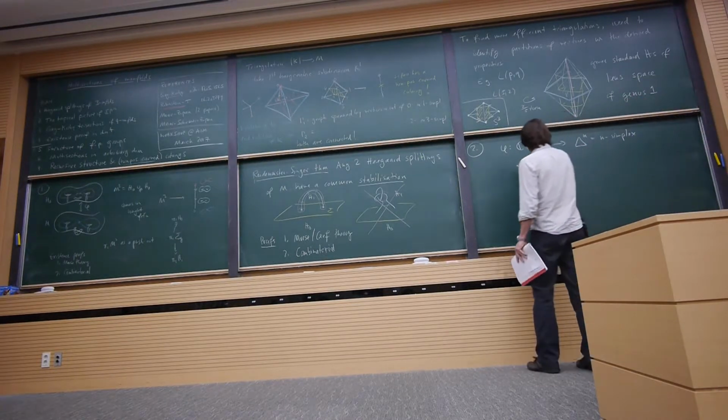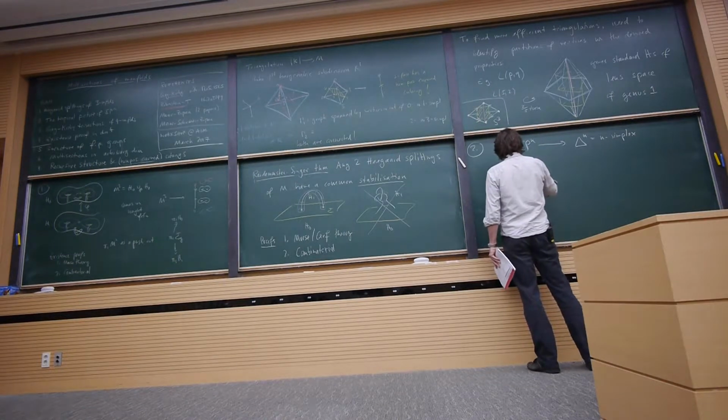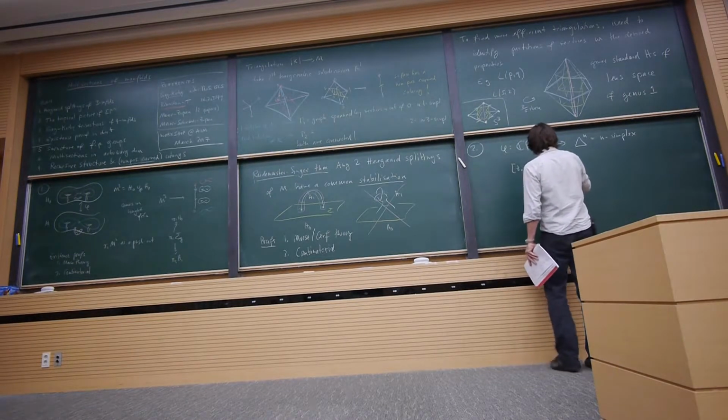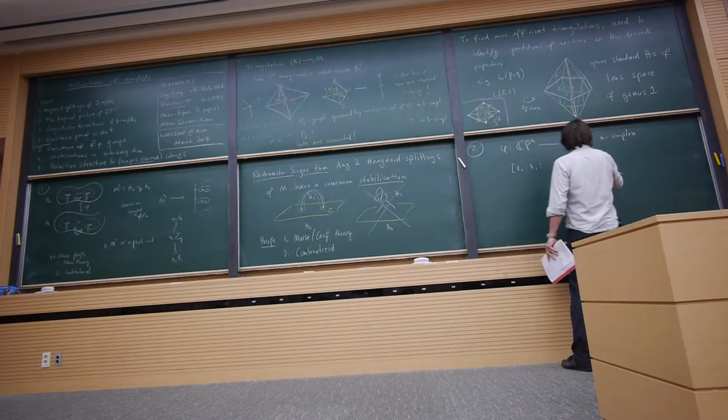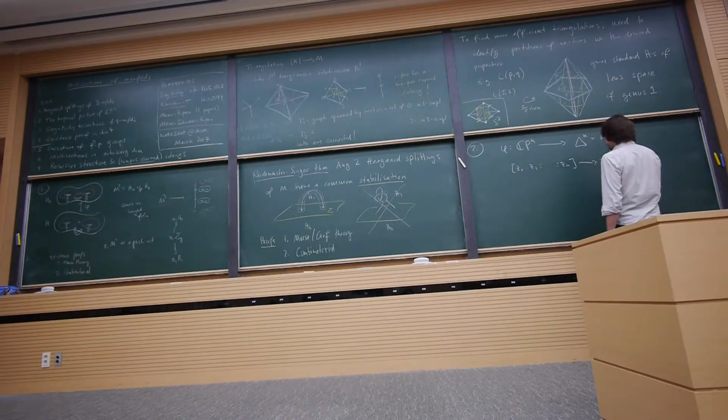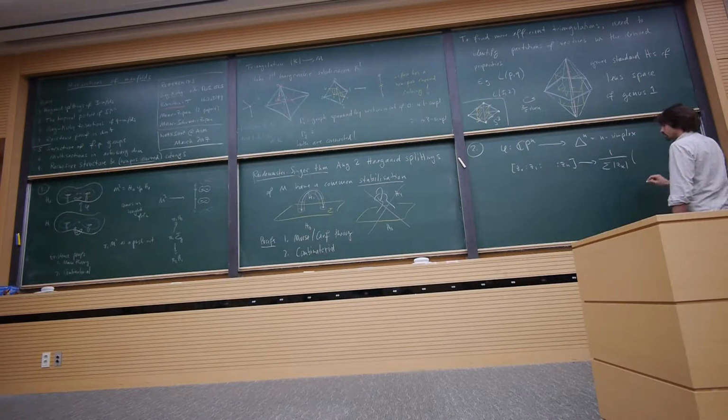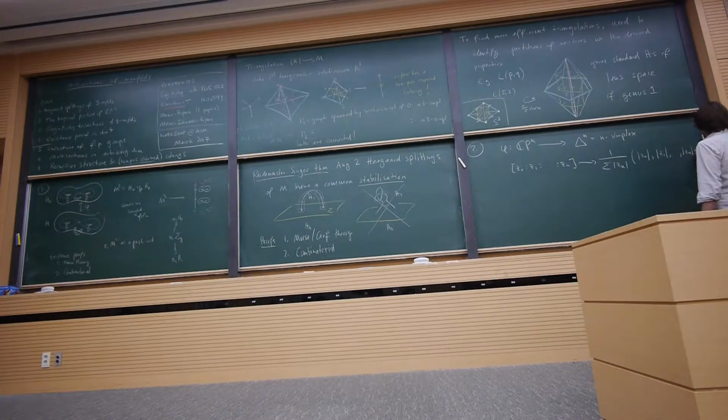Well, you just take a point and you map it to, well, take 1 over the sum of the moduli and then times the moduli here. Like so, yeah? Okay, so this is a map from CP^n to the n-simplex.